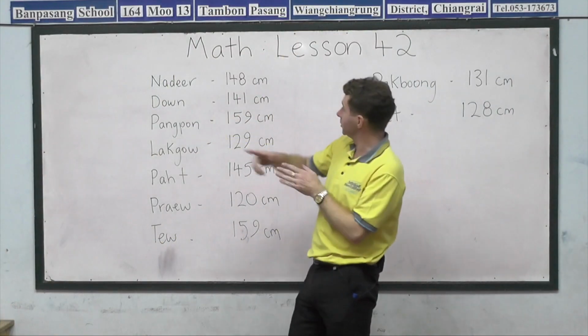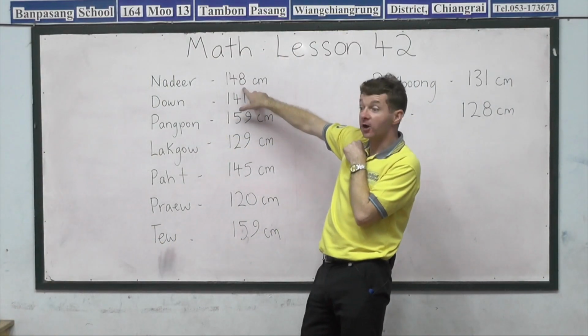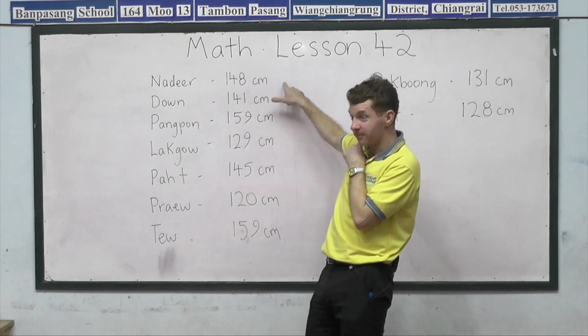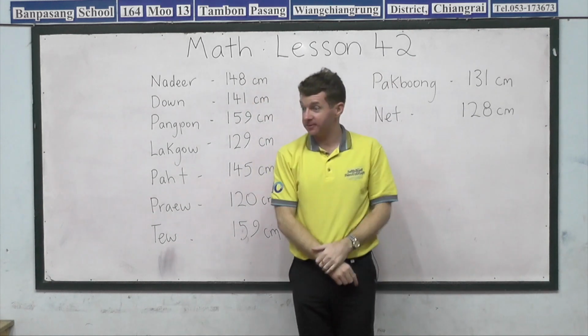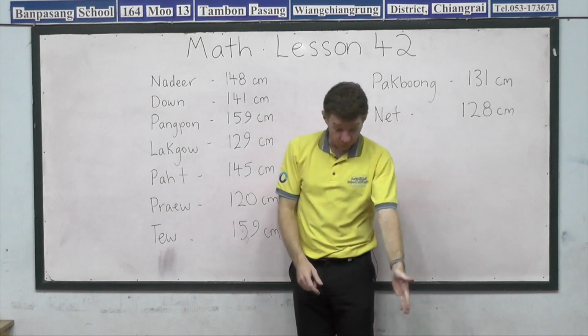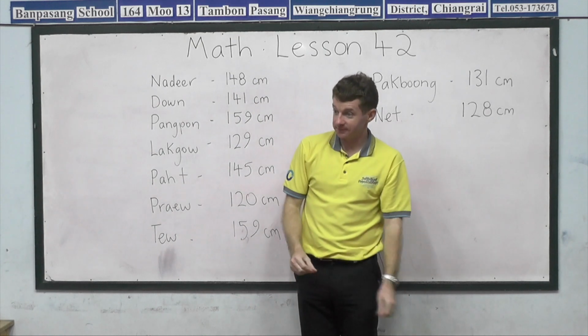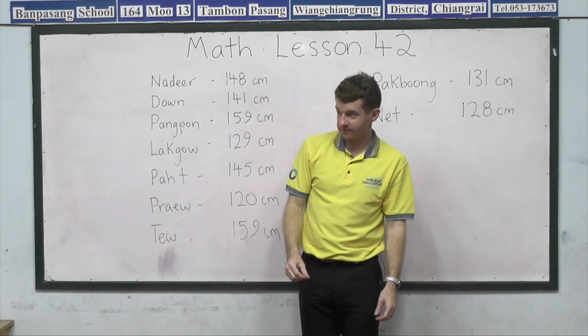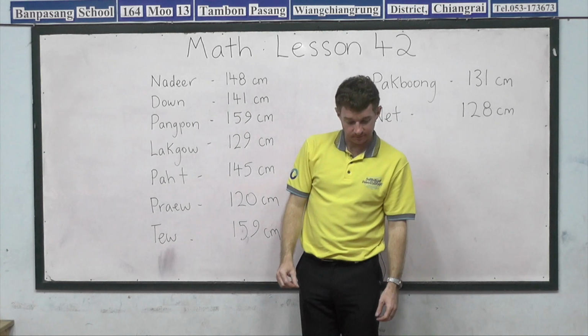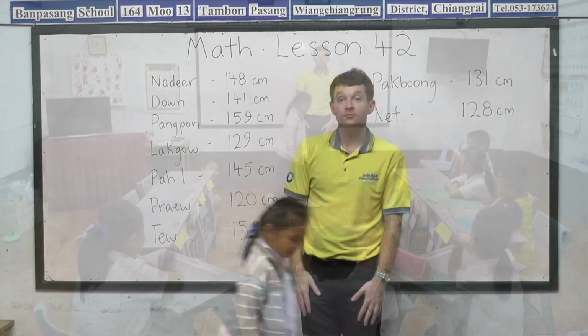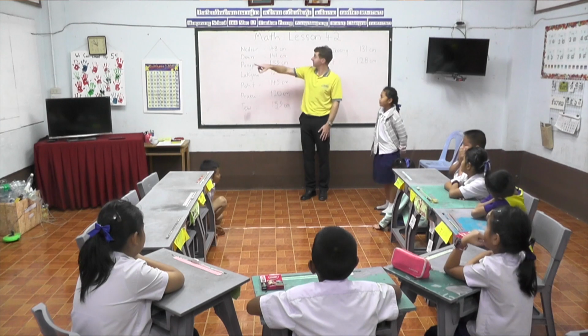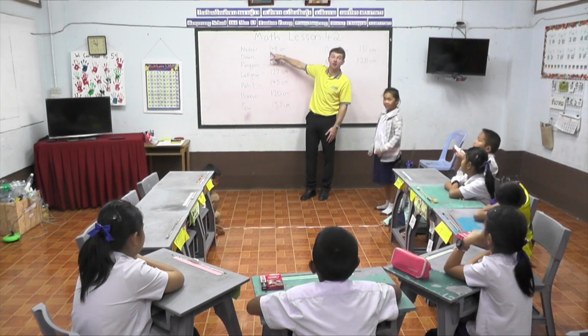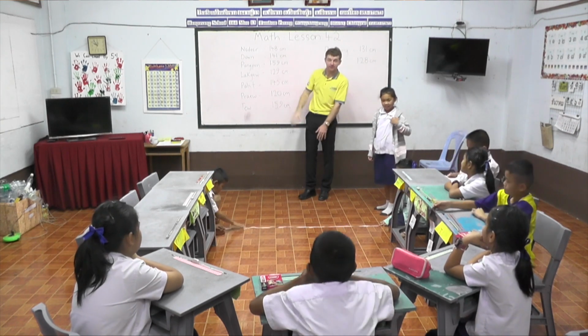So Nadia, you have 148 centimeters. Can you get further? For you to jump again? So, second round, Nadia has 148 centimeters to beat.